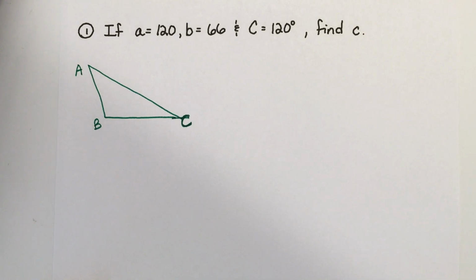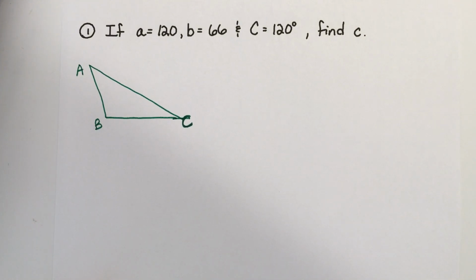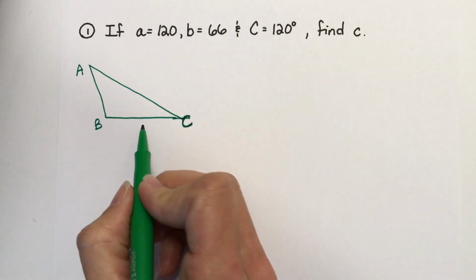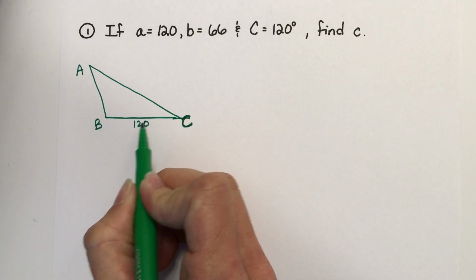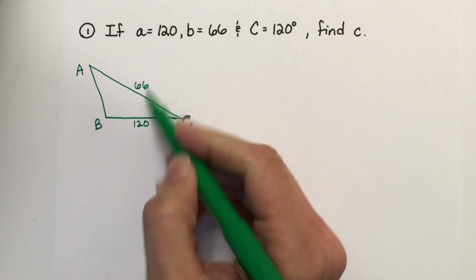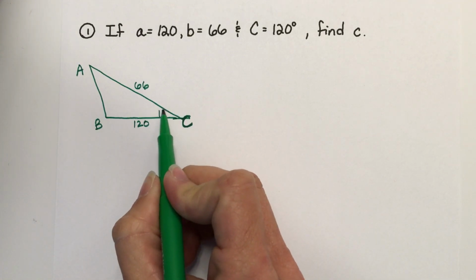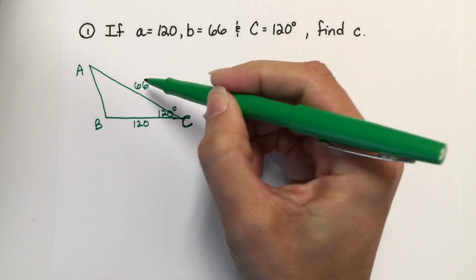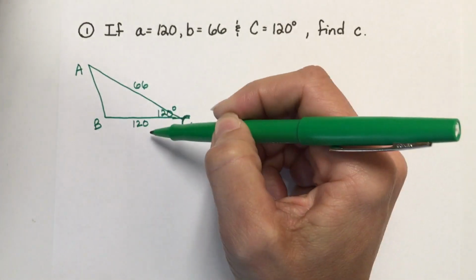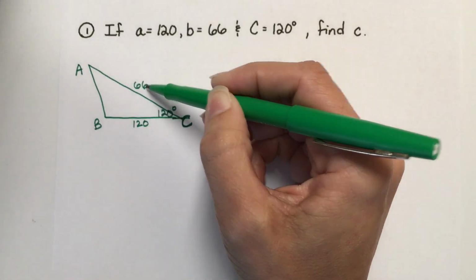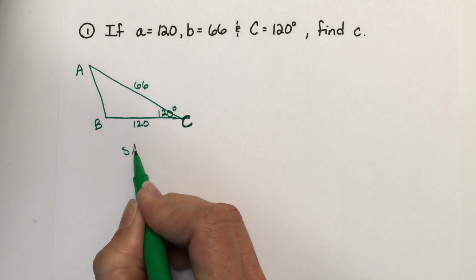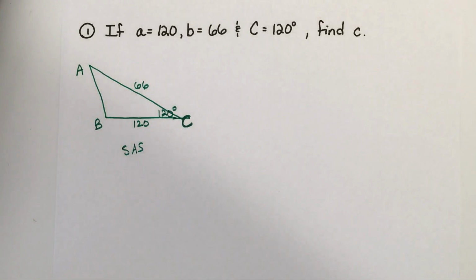Side a is 120, side b is 66, and C is 120 degrees. But this gives you a good enough picture that you can tell that this is that side, angle, side situation, which lets you know that you can use your law of cosines.